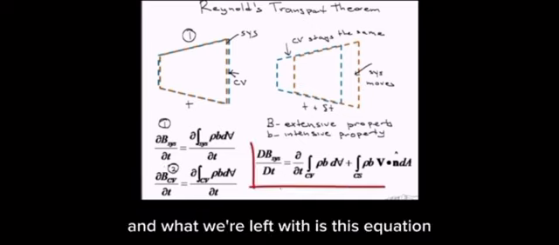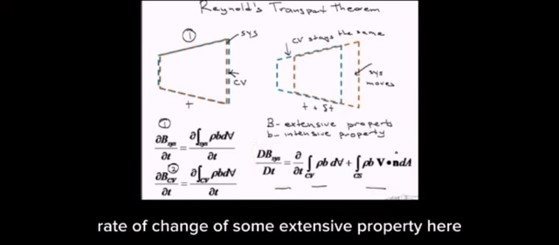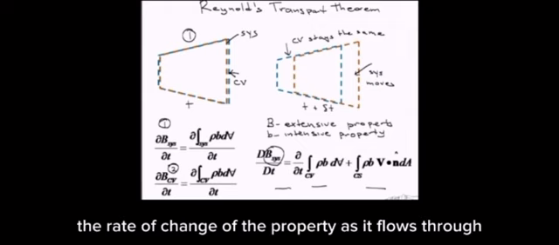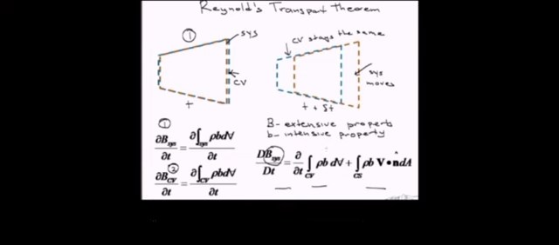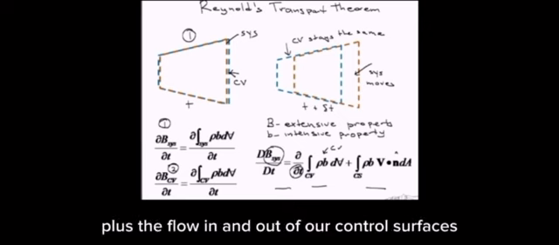And what we're left with is this equation that says that the time rate of change of some extensive property of the system is equal to the rate of change of the property in the control volume with respect to time, plus the flow in and out of our control surface.